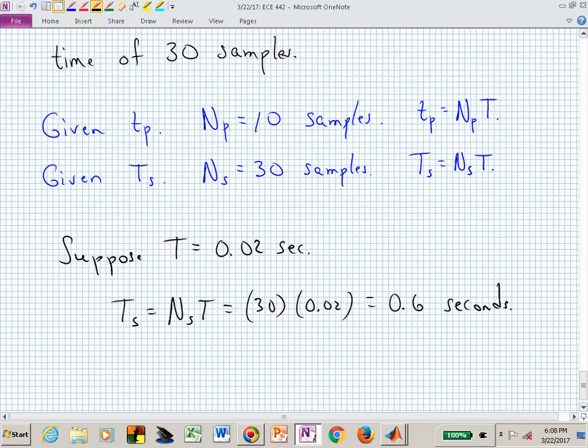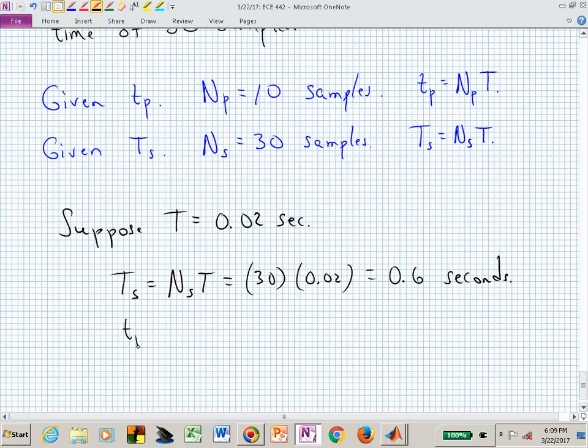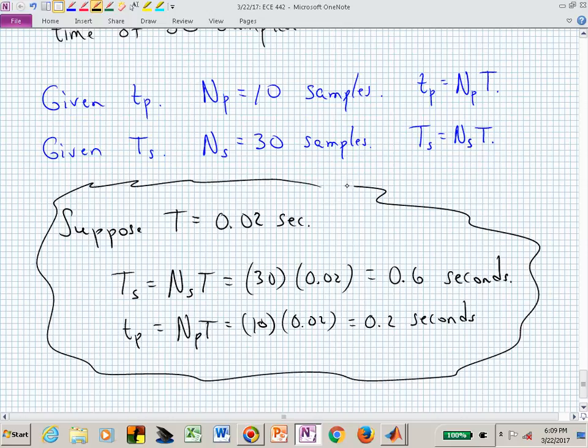Or if we wanted to understand where we wanted to peak, at what value of absolute time, that was now 10 of our sample periods, or this is now 200 milliseconds. That's just an assumption to give us something to think about.